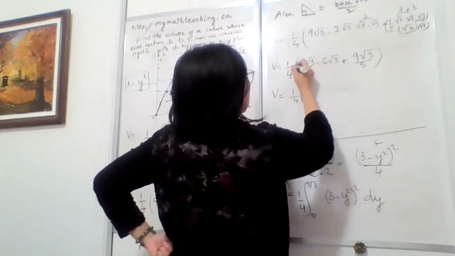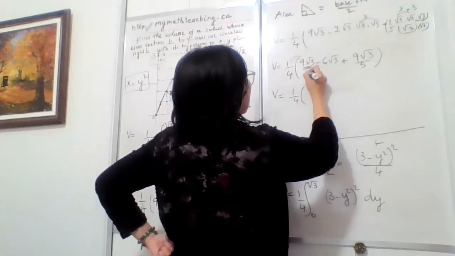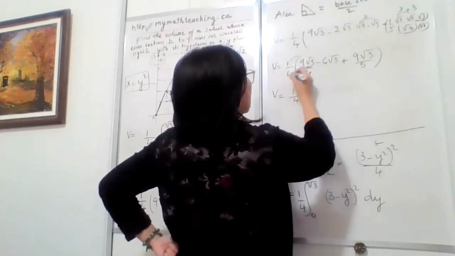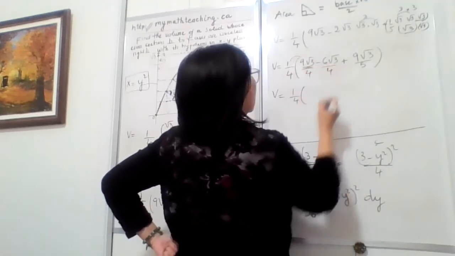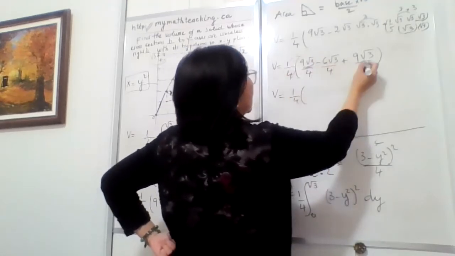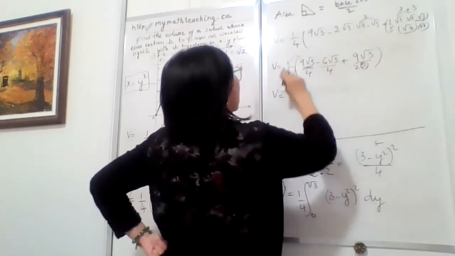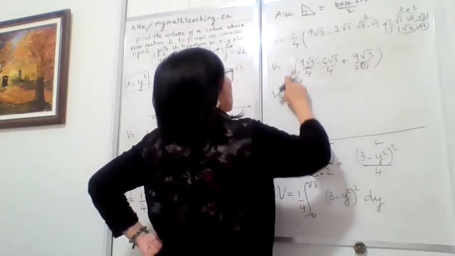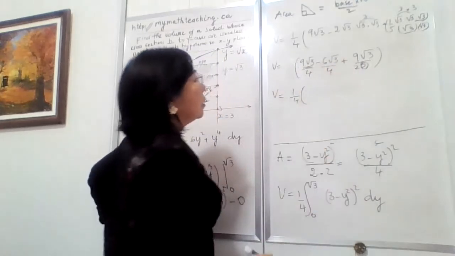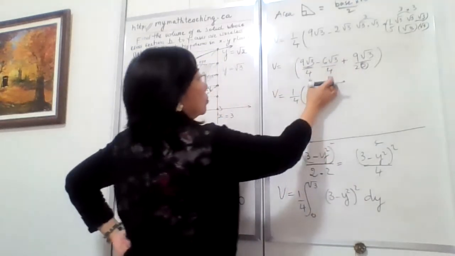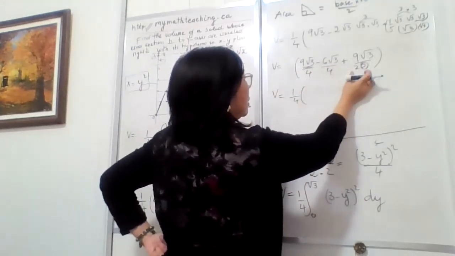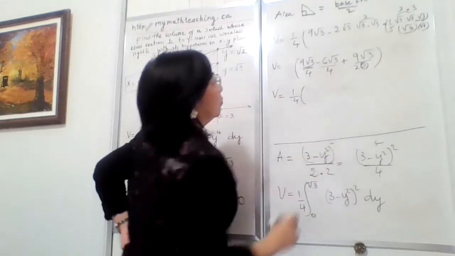So let's distribute this. This time that will be a 4 underneath here. This time that will be a 4 underneath here. And this time this will be a 20 underneath here, 4 times 5. So I get rid of this, right? I distribute it in here. So now we have 20 here and we have 4 here.